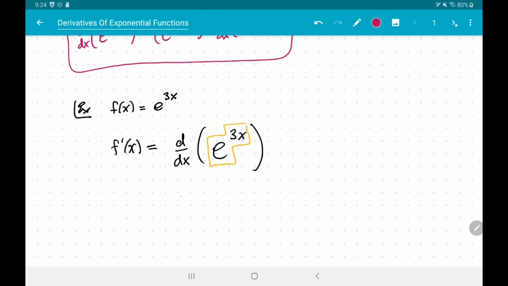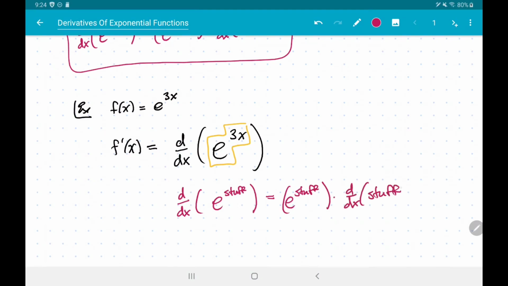So when I match this up against the rule, the stuff here is 3x.